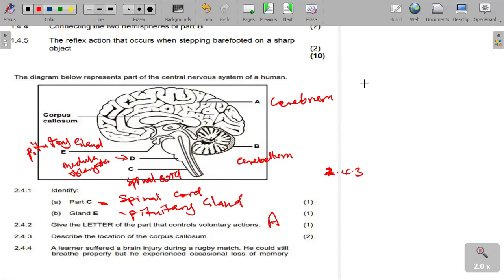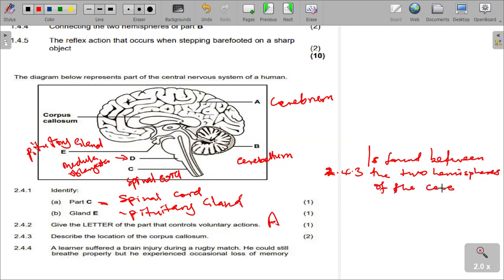Describe the location: it is found between the two hemispheres of the cerebrum.